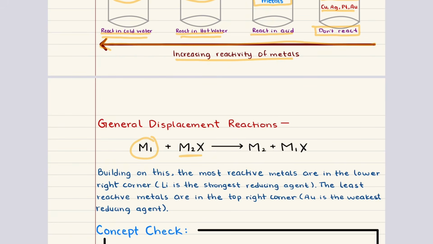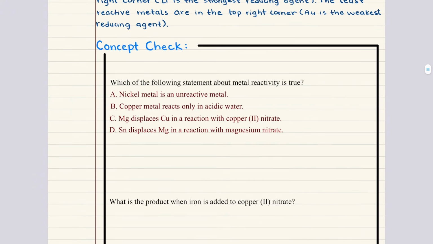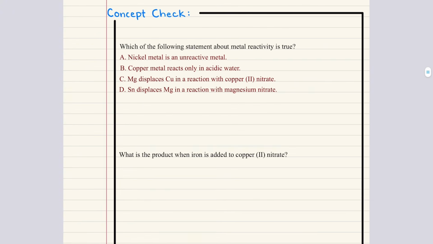A general way to write this is metal 1 plus metal 2 cation makes metal 2 plus metal 1 cation. But this only happens if metal 1 is higher on the activity series than metal 2. Now, let's apply this to a quick concept check.